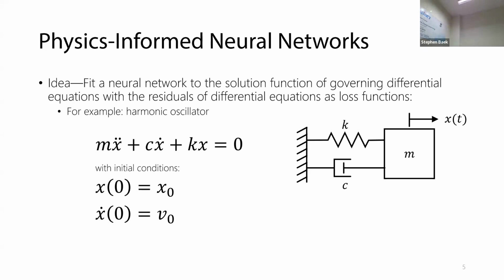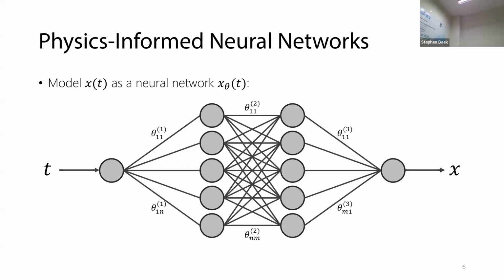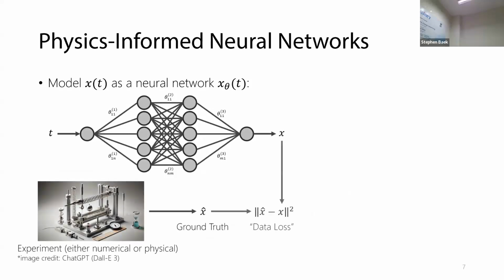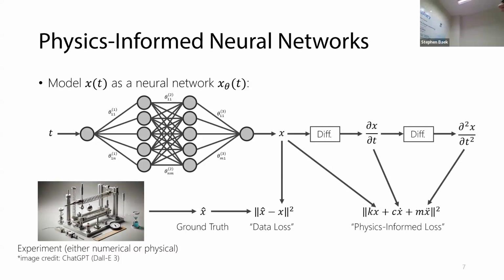So what we're doing here is to model x using an artificial neural network. If that x is perfect, then the residual has to be 0. But since x may not be perfect, especially at the beginning of the training, we're measuring the size of the residual. And then what physics-informed loss says is to minimize that residual during the training process.